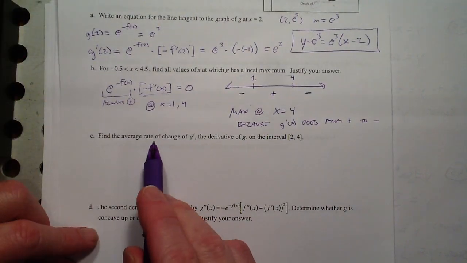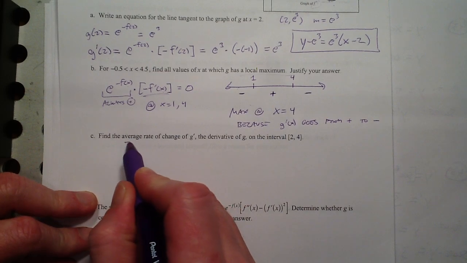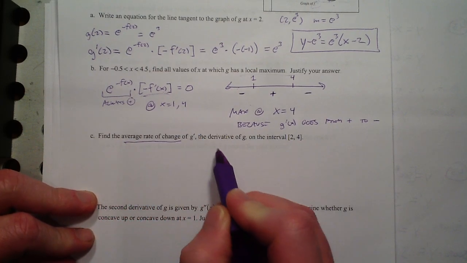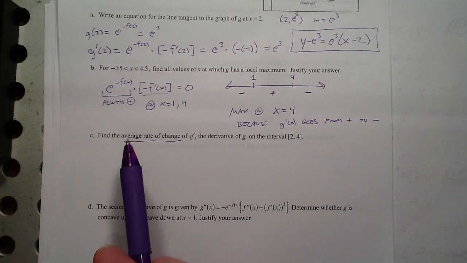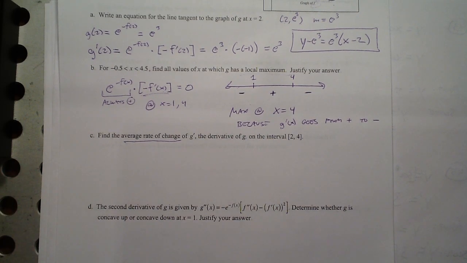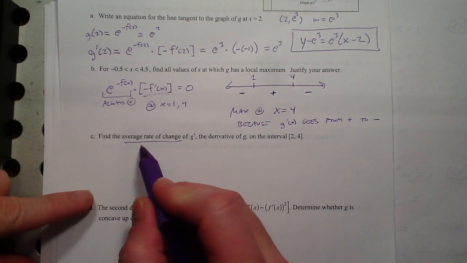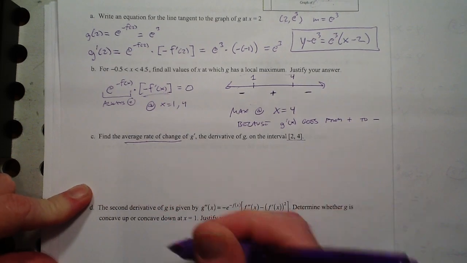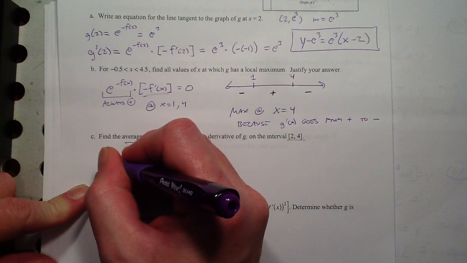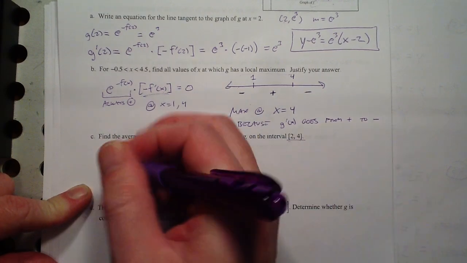Find the average rate of change of g prime, the derivative of g, on the interval from 2 to 4. Anytime you see average rate of change, that means not a derivative, but an actual slope. So the average rate of change of g prime from 2 to 4 is simply the slope between those two points.